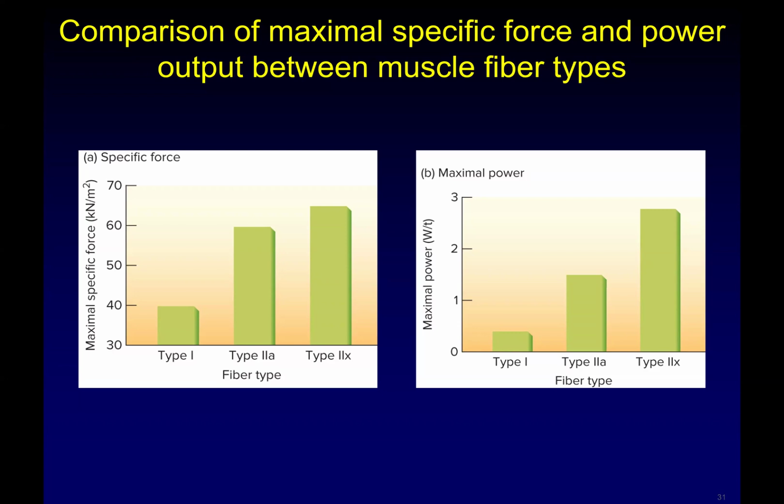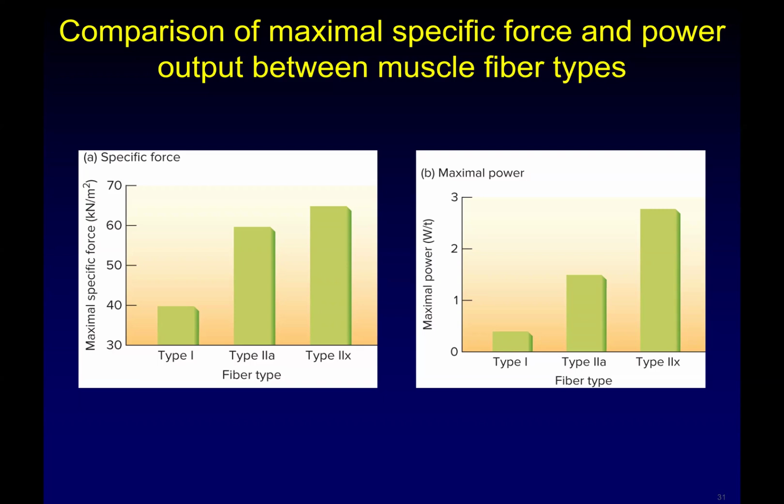If the fiber is bigger, it can have more actin and myosin, therefore it can probably generate more force, right? But if we normalize force per muscle size, then we can get an idea of, is there some inherent difference between 2A and 2X and type 1? Type 2s generate more force per muscle size, okay?